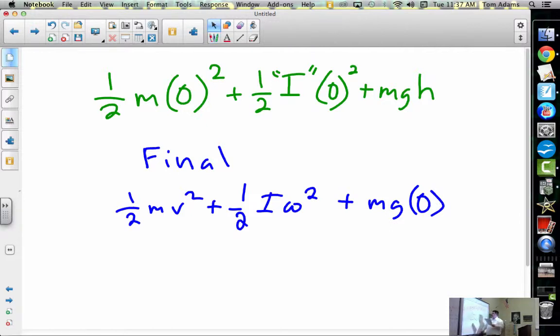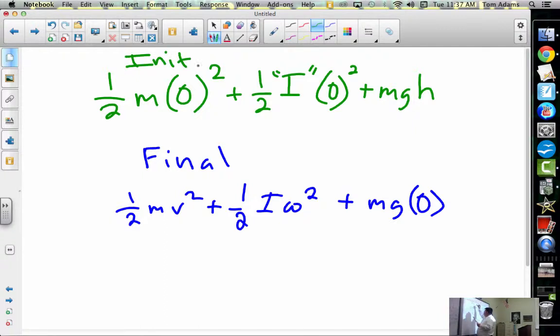So this is the initial energy, and that's the final. That's the kinetic energy. It has no velocity at first. This is the rotational kinetic energy, which is based on this formula right here. Well, the pulley hasn't started rotating, so it has no angular speed at first. That's 0. Then the potential energy due to gravity.